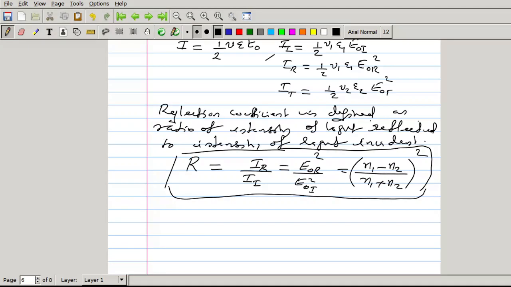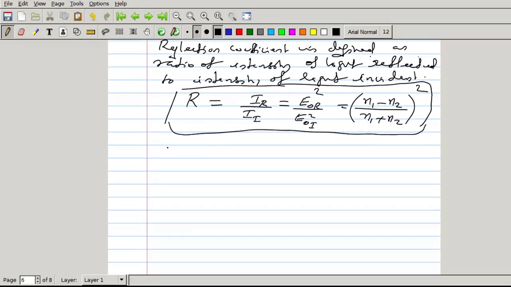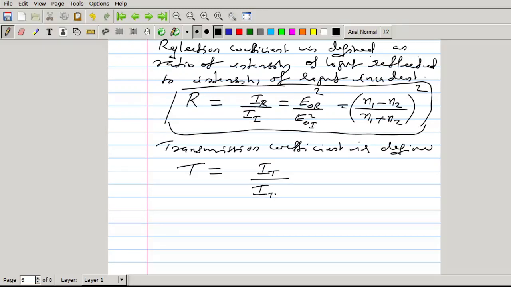Now we will find the transmission coefficient. The transmission coefficient is defined as the ratio of the intensity of the transmitted wave to the intensity of the incident wave. What is the transmitted wave intensity?